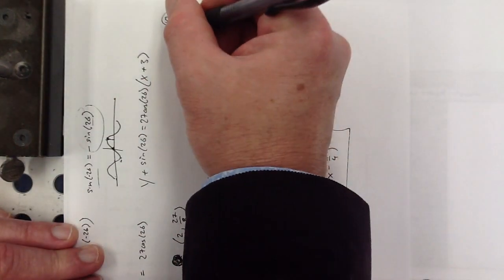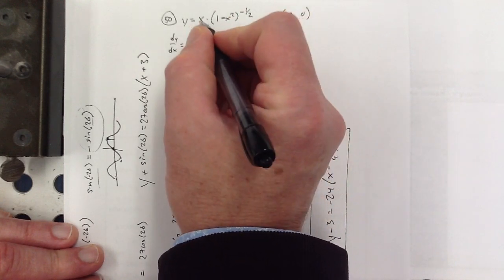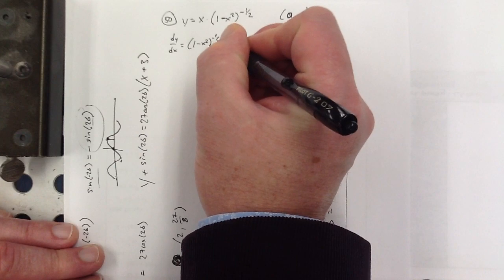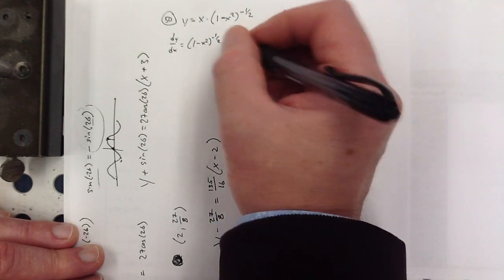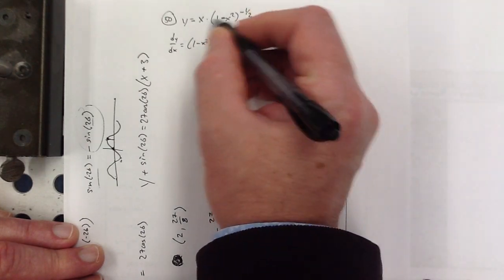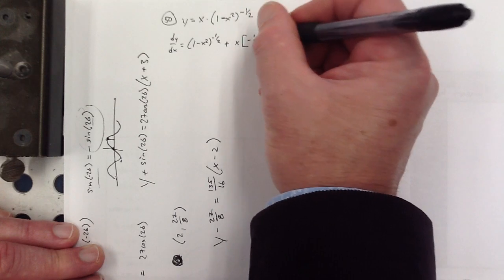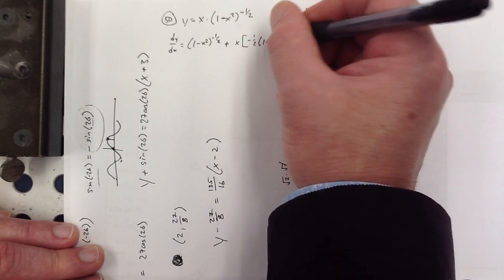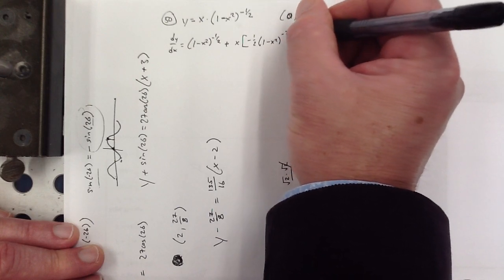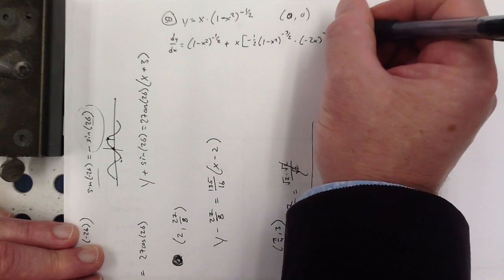And then when I take the derivative, I'm going to use the product rule. The derivative of the first is 1 times the second, plus the first times the derivative of the second. Derivative of something to the negative 1/2 is negative 1/2 times the something to the negative 3/2 times the derivative of what's inside.